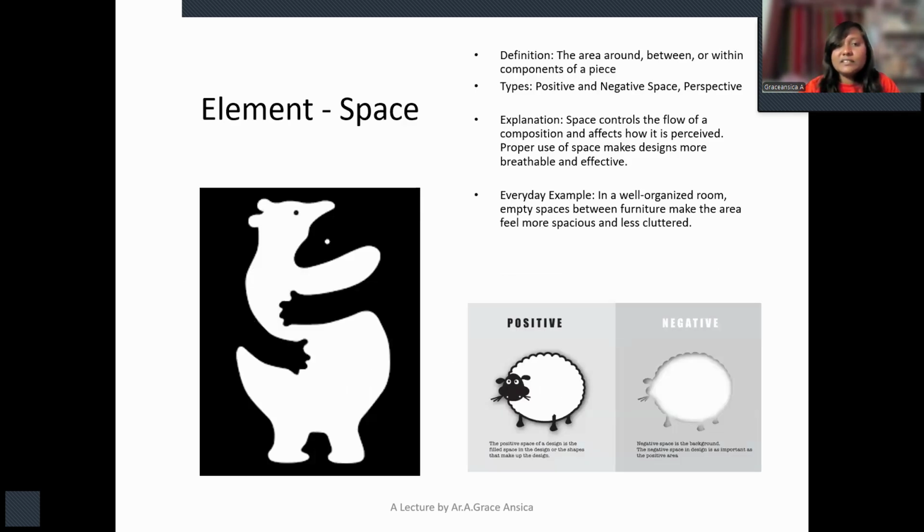Here you can see a little bit of definition. If you see this image, there's a black polar bear and a white polar bear. Here you can consider anything: the white could be negative space, or the black could be the negative space.